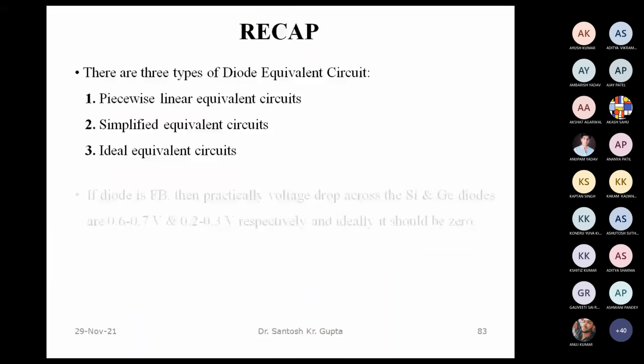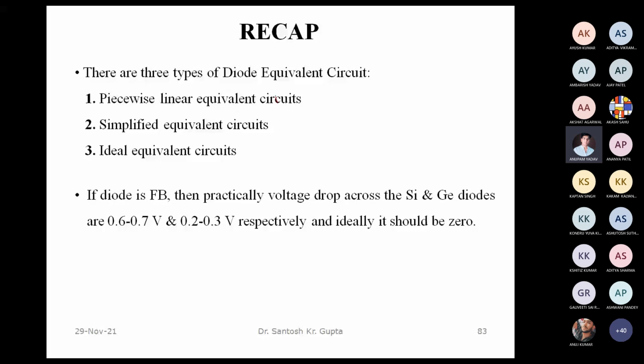We have seen in previous lectures how we can represent the equivalent circuit of the diode. We have seen three different representations: the ideal equivalent circuit, then the simplified equivalent circuit, and then the piecewise linear.